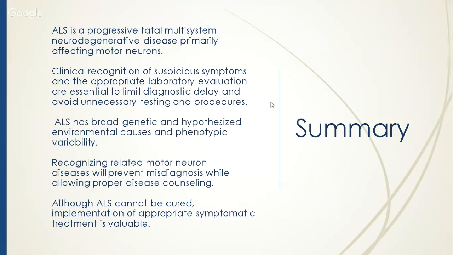You also want to make sure you don't misdiagnose these patients and start them on medication when they have something else going on that can actually be treated, especially if you tell someone they have ALS and they're going to die. It's not something you want to do. Anyway, so this is basically it for ALS.